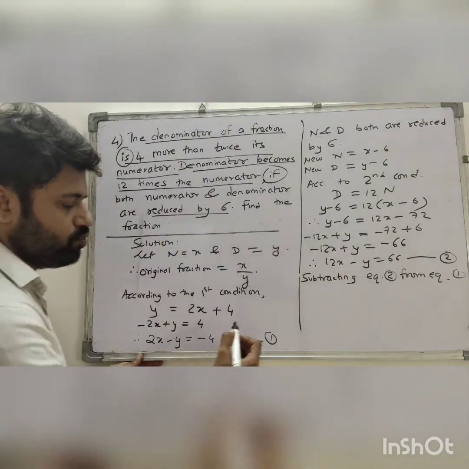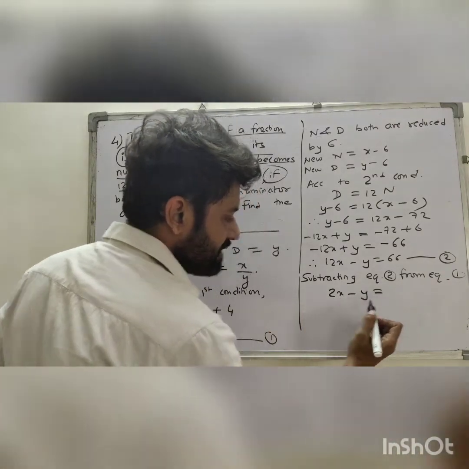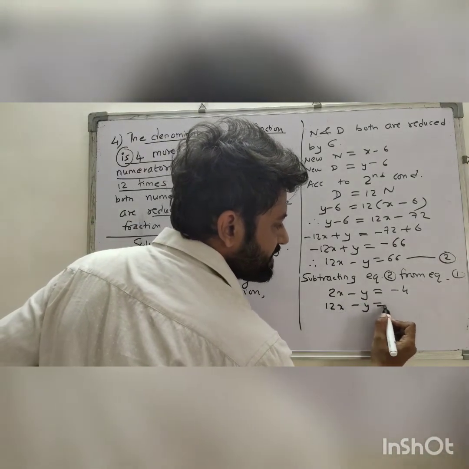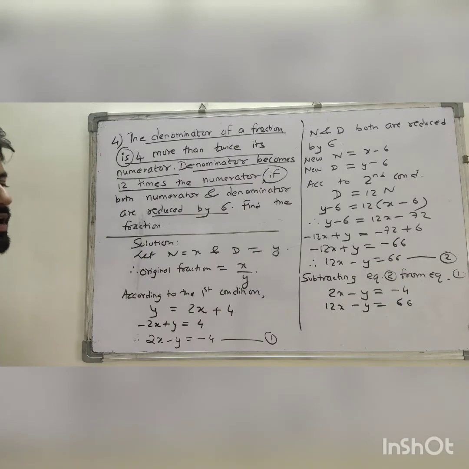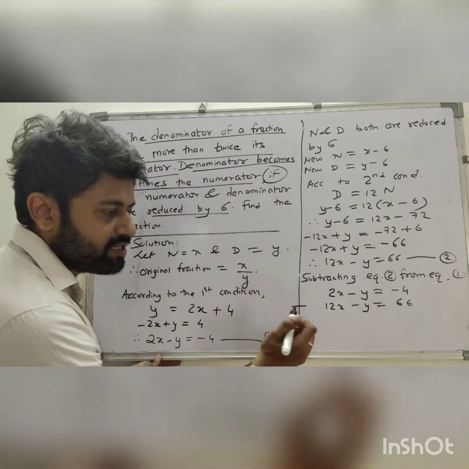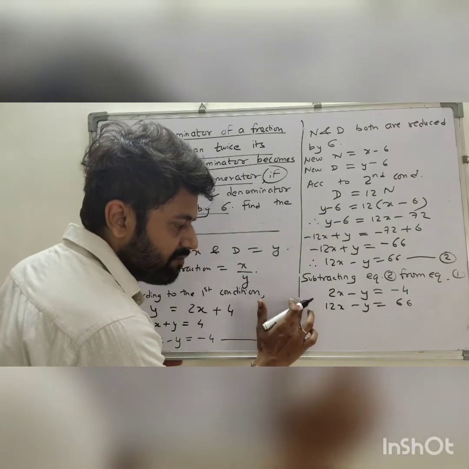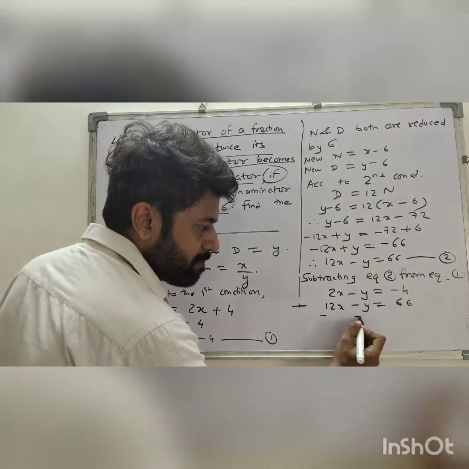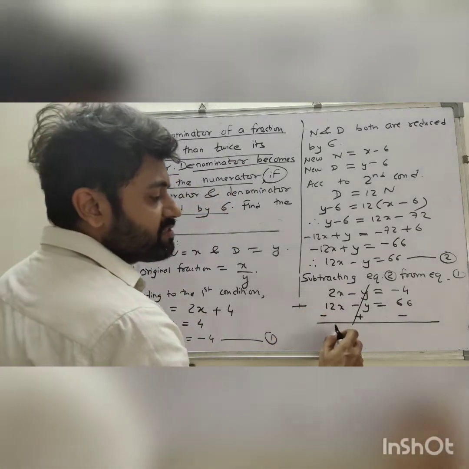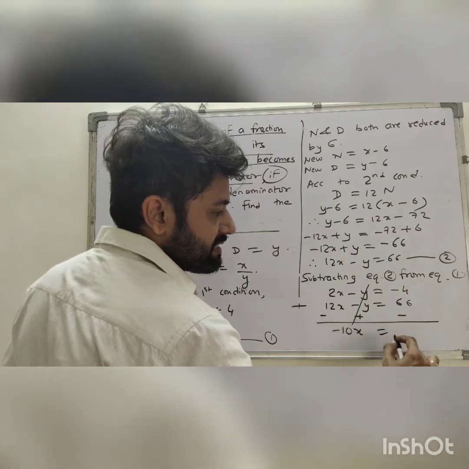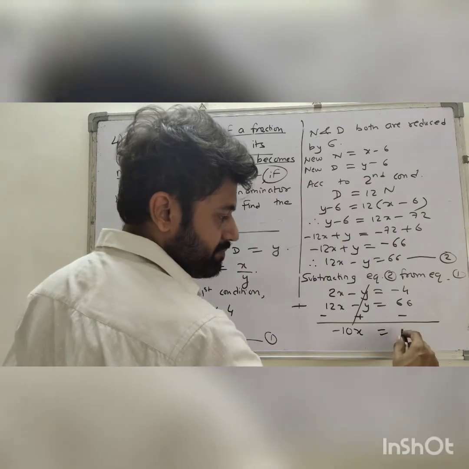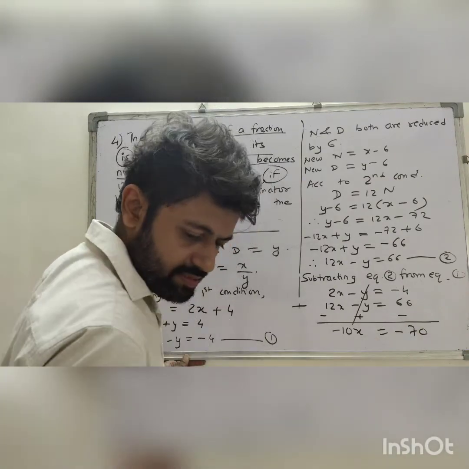We get 2x minus y is equal to minus 4, 12x minus y is equal to 66. When I subtract, I have to write a minus sign on this line of second equation, which will change sabka sign, minus plus minus. This gets cancelled. 2 minus 12, I get minus 10x. Minus 4 minus 66, I get minus 70.